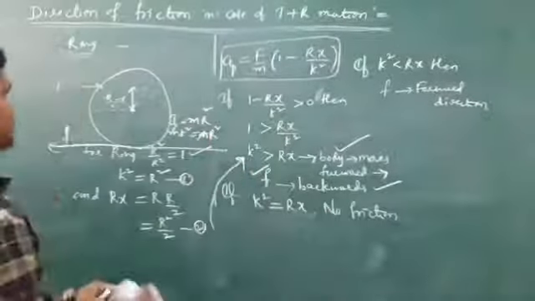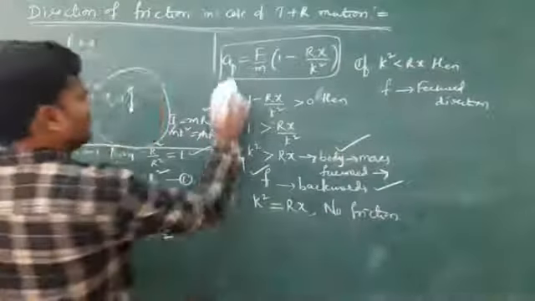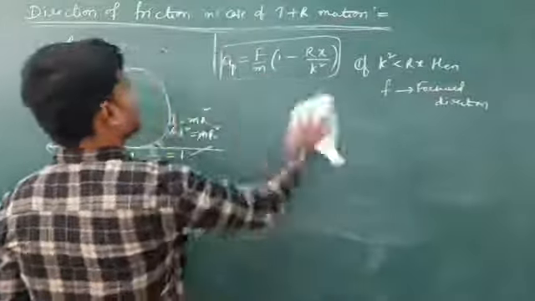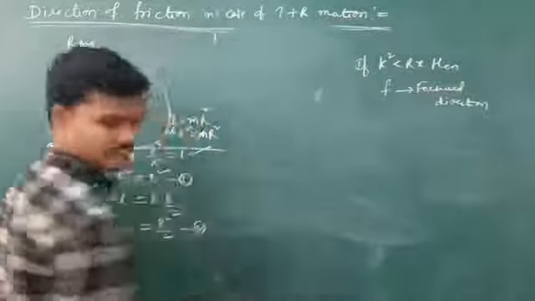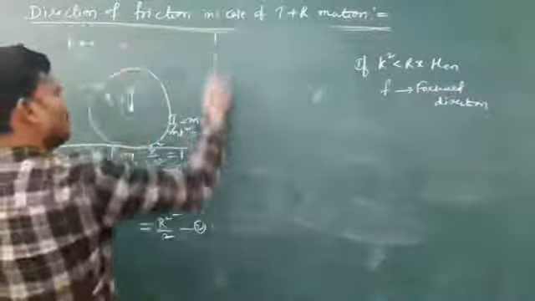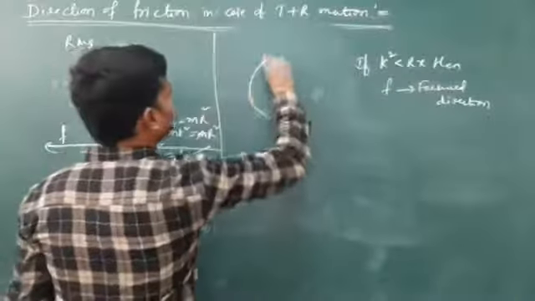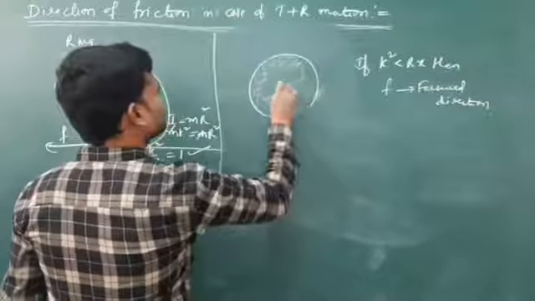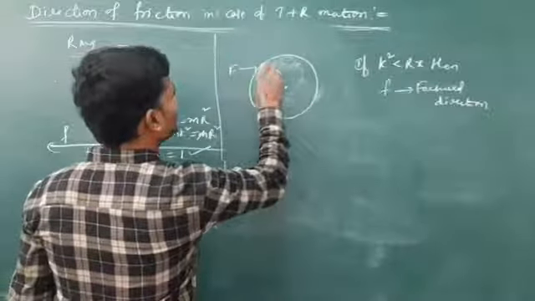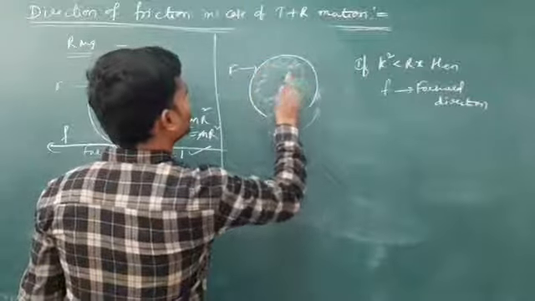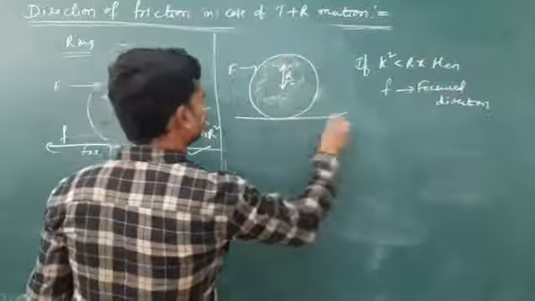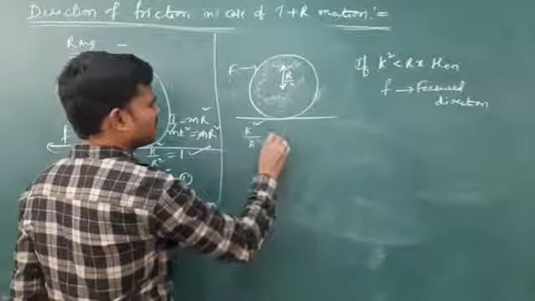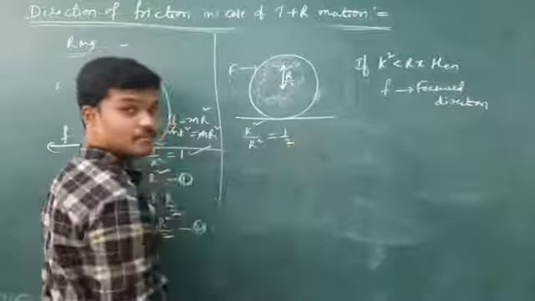Let me get the direction of frictional force for a disc. Let us verify for a disc, solid sphere, hollow sphere, all we can verify. Let me try for a disc. See, this is the disc, and again I am applying a force at a height of r by 2. So let me find k square by r square. K square by r square for a disc is 1 by 2. Why?